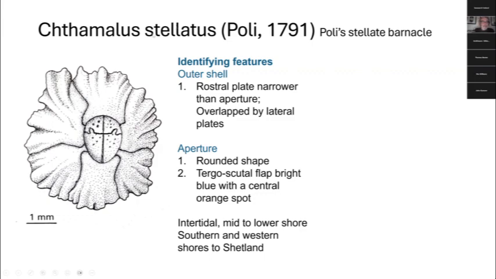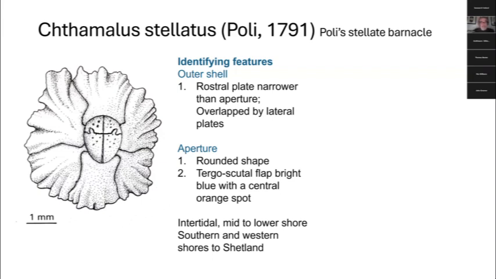But so this differs, as you can see, from Semibalanus in having a narrow rostral plate at the front end here. And in fact, it's about the same width or narrower than the aperture. So that's a heavy clue for telling Chthamalus species apart from Semibalanus species.